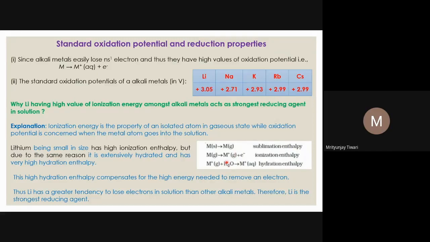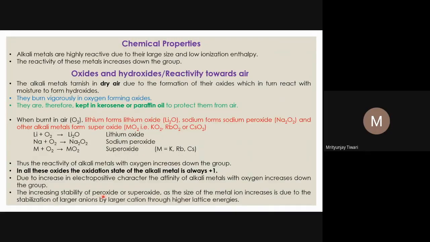So in aqueous solution, lithium is the one which can give its electron most easily. And that is why its oxidation potential is highest, meaning its reducing property is highest. So it will very easily give its electron, and therefore lithium is the strongest reducing agent. I hope the reason is clear.